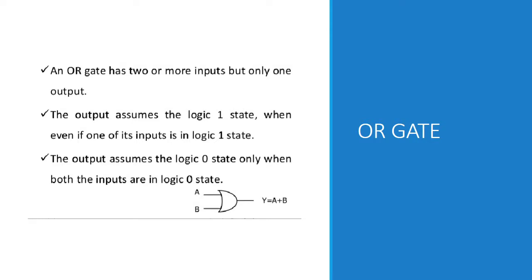And the output assumes the logic 0 state only when both the inputs are in logic 0 state. It means that its output will be only 0 if both the inputs are at 0. This is the logic symbol of the OR gate. A is input, B is input, and this is the output.